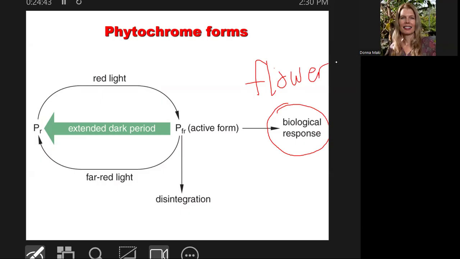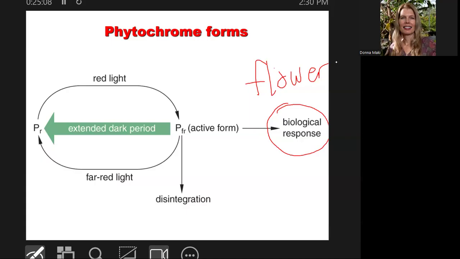I think you know it just from living your life so far, when you're out hiking around, some plants flower in the spring, some in midsummer, some don't flower until the fall. How are they understanding when to flower to complete their life cycle successfully, get seeds ready to go before winter? At least up here, they have to get ready for winter. So when they say biological response, it's often something like that they're thinking of.